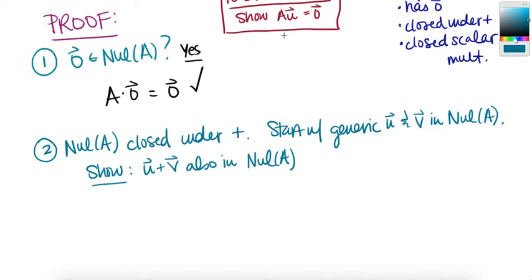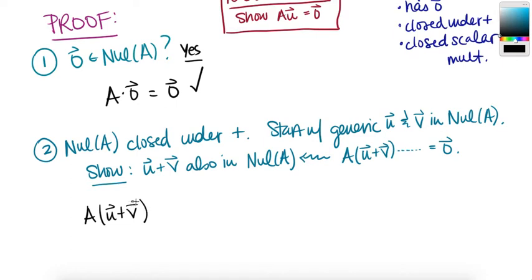And remember, you get in the null space by showing that if I multiply u by A, you give me 0. So what we're trying to show here is that if I do A times (u plus v), I want to end up with 0. Okay, so I'm going to start with exactly that.